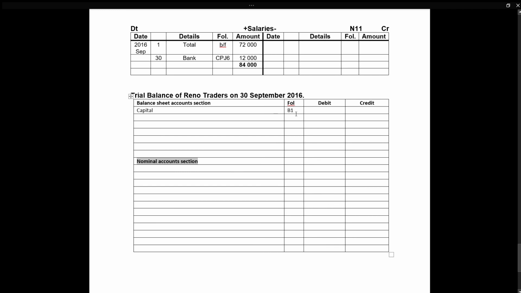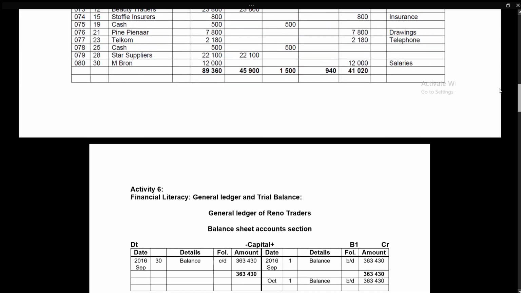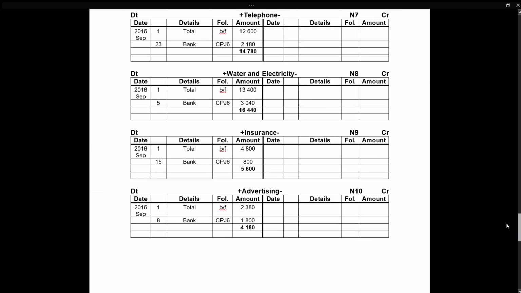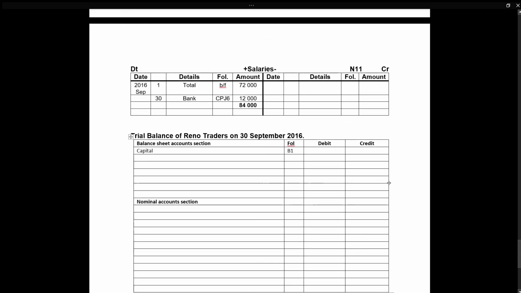Right, so capital B1, let's go and get the balance of capital. So B1 capital had a credit balance of 363,430 Rand. Let's go and place that in my credit side. 363,430 Rand.